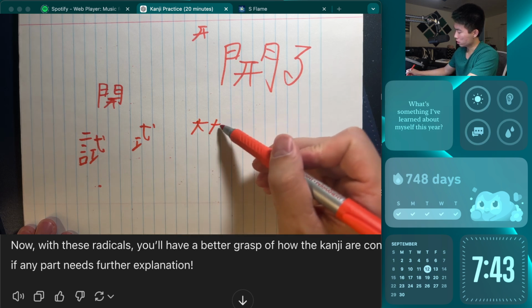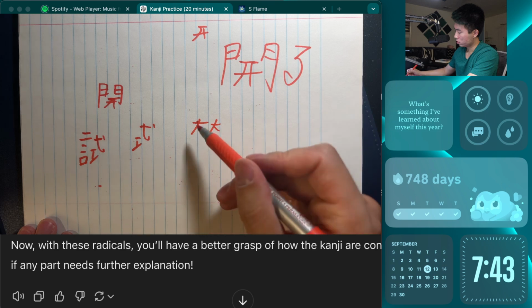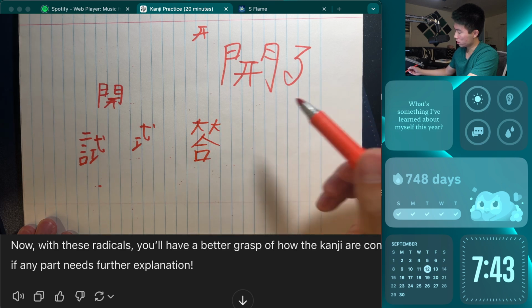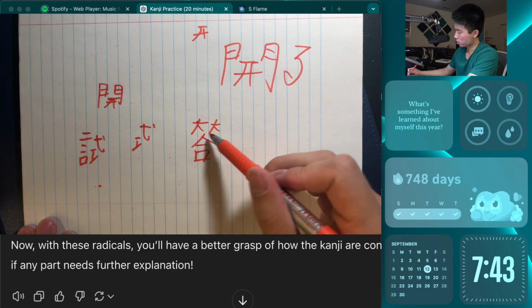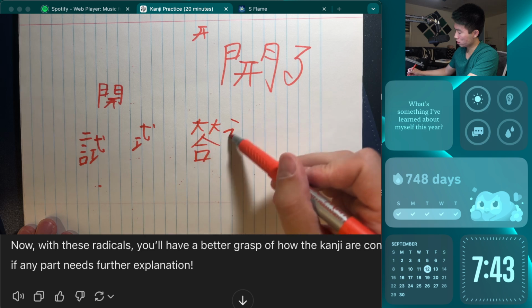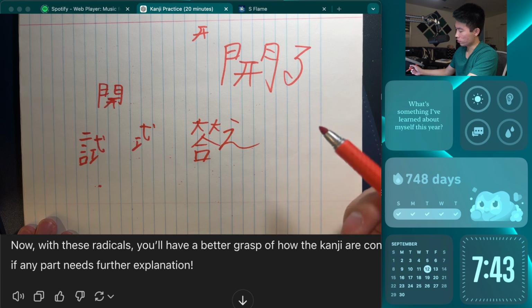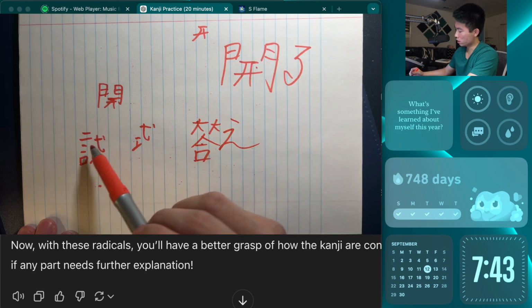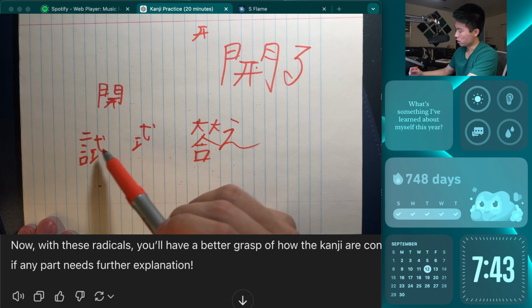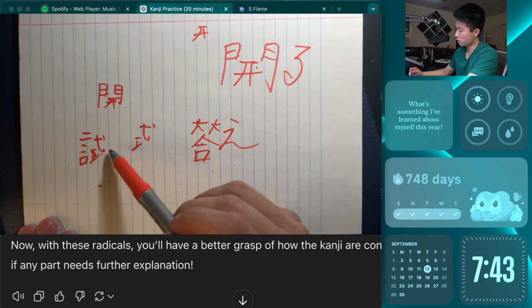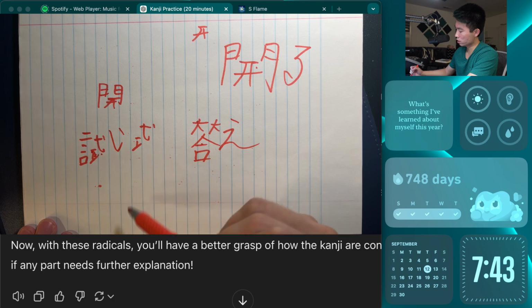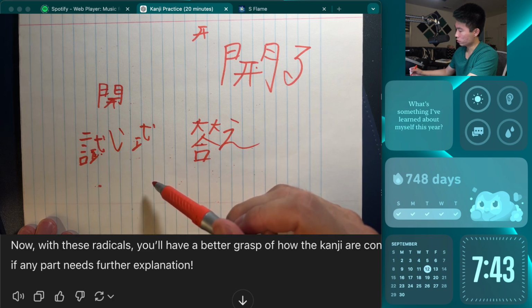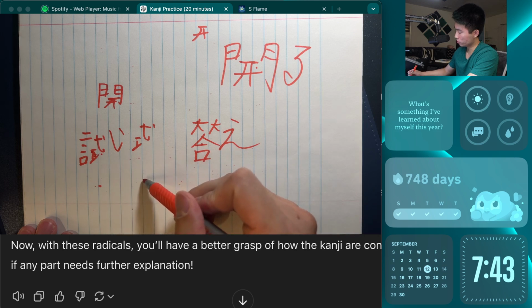And then we got the two bamboos. And this thing right here, kotae, kotae, I believe. So that's akeru, kotae, shiai. I don't know if this in totality is shiai, or maybe I need something like that. I'm not sure.